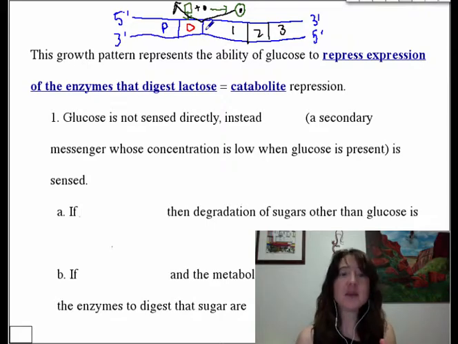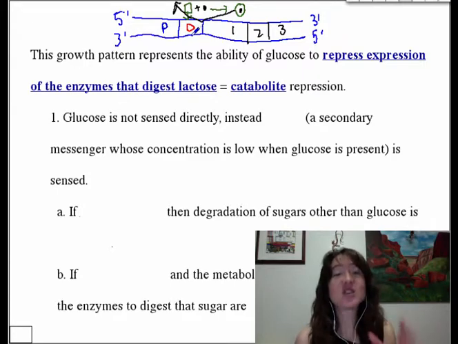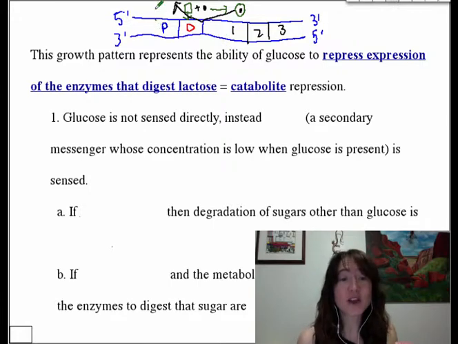So it must be that glucose is not exerting its regulation at the operator. And that is the crux of the matter, is that catabolite repression is not being felt at the operator, and instead it must be being exerted at the other regulatory site, the activator binding site.